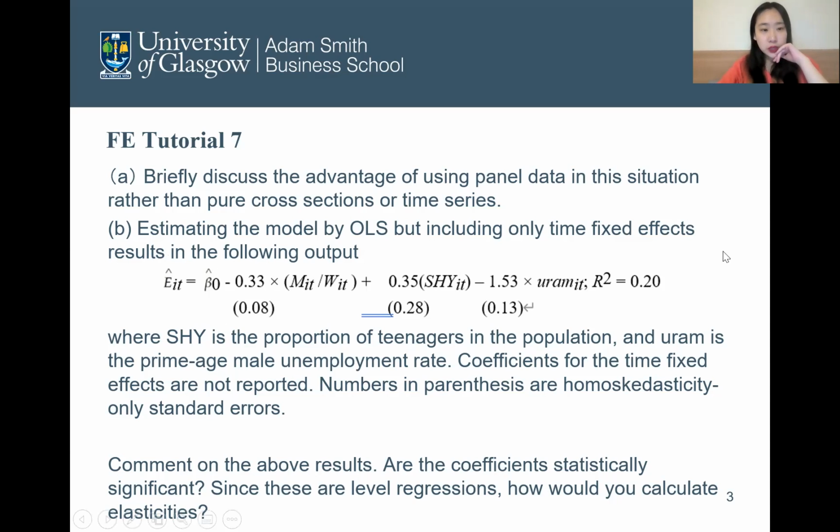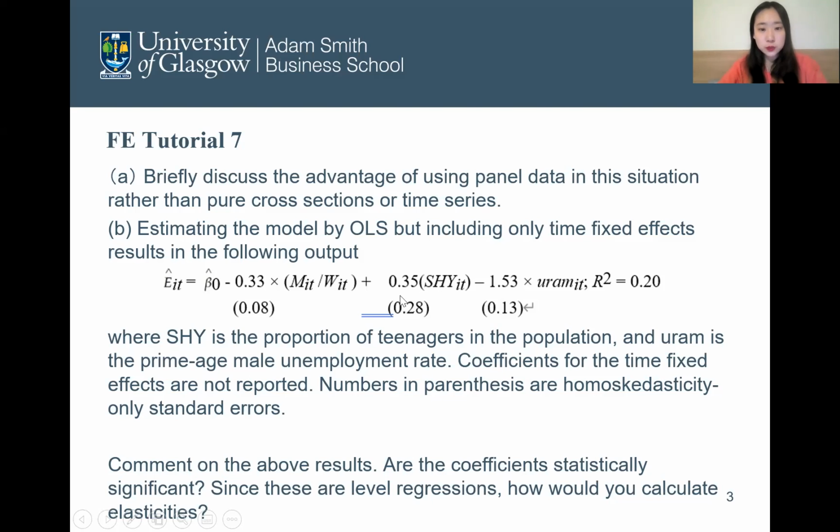And for question B: estimating the model by OLS but including only time fixed effects results in the following output. So here is also a regression result, and you can see the variables, the errors, and also the R square. But here you're only including the time fixed effects.